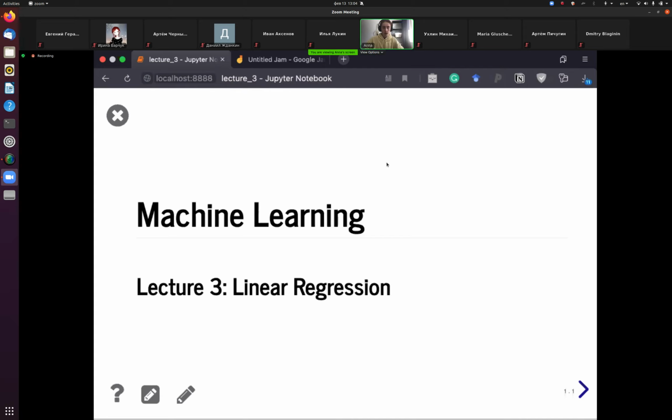Our model would be just a linear combination of our features. If we consider one object, that would be, by the way, do you see the slide? Let me check.